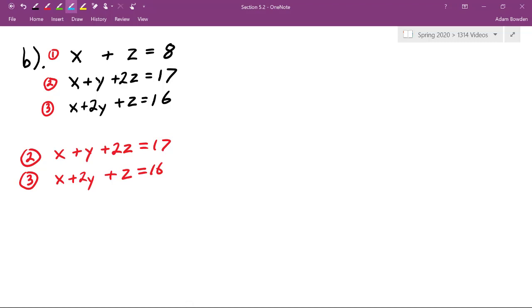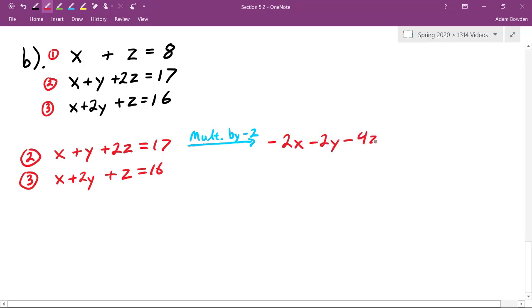So we're going to cancel out the y here. The way I'm going to do that is I'll take the first equation and multiply that by -2, changing it into -2x minus 2y minus 4z is equal to -34. The other equation, we're just going to leave the same. There's going to be no change for that one.